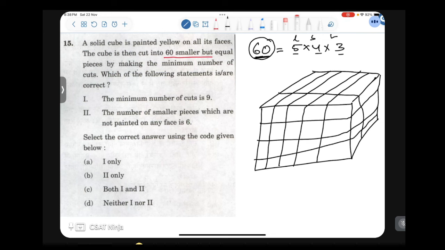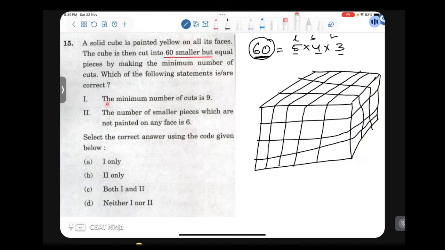So if you look here, 5, that means 1, 2, 3, 4, and 5. This is 5. And this is 3. And this is 1, 2, 3, and 4. This is 4. Okay. So 5 into 3 into 4 cube. We have created a 5 into 3 into 4 cube.